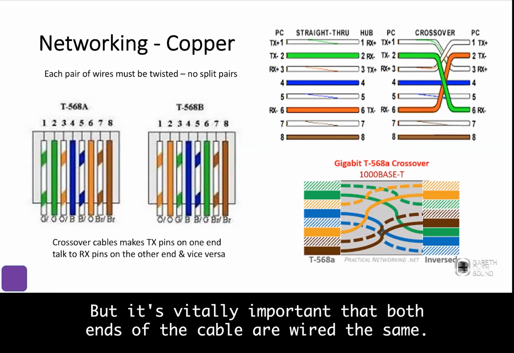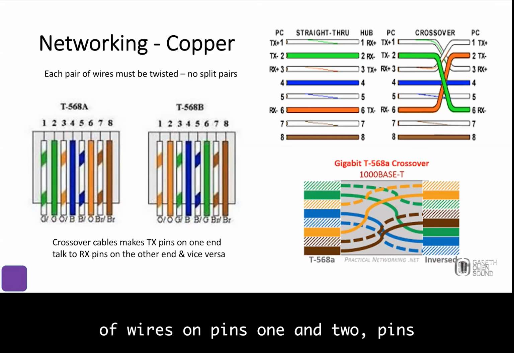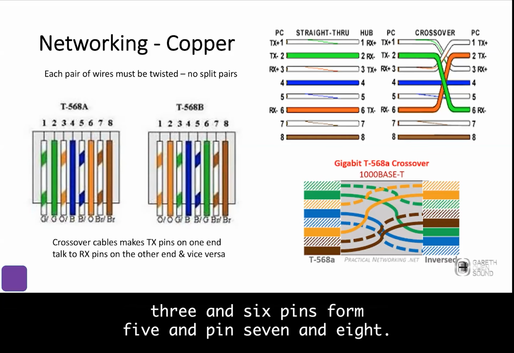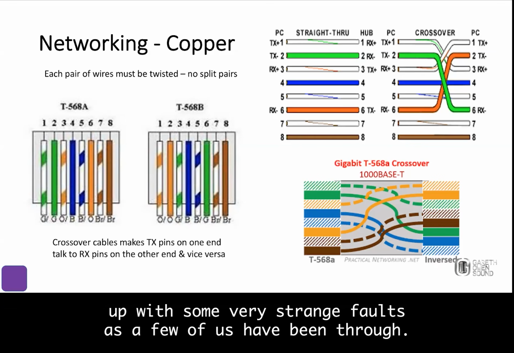But it's vitally important that both ends of the cable are wired the same, and that you keep a pair doing the same job. So you must always have a twisted set of wires on pins 1 and 2, pins 3 and 6, pins 4 and 5, and pins 7 and 8. If you don't, you end up with some very strange faults, as a few of us have been through.